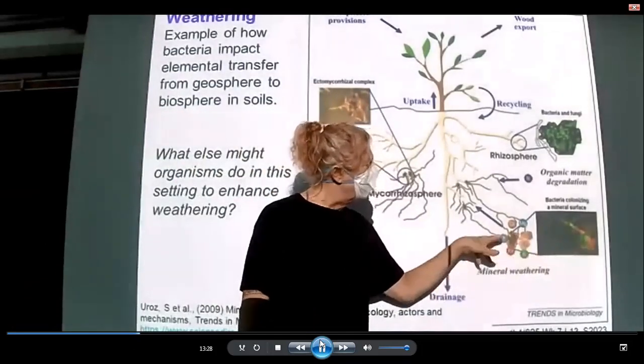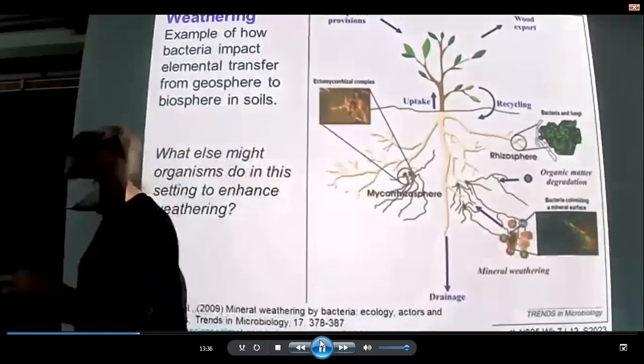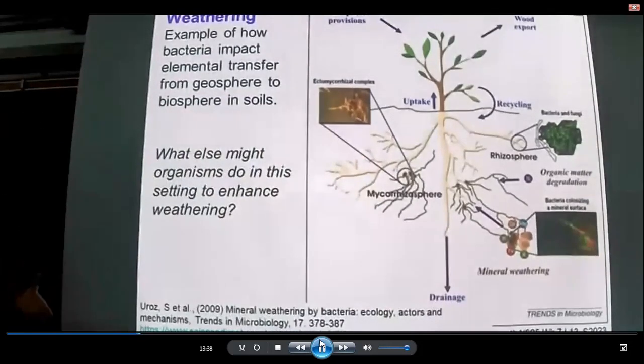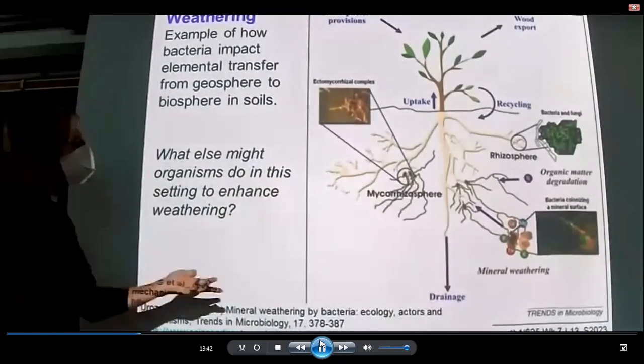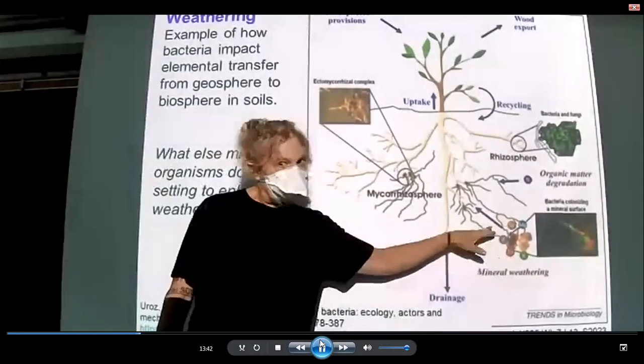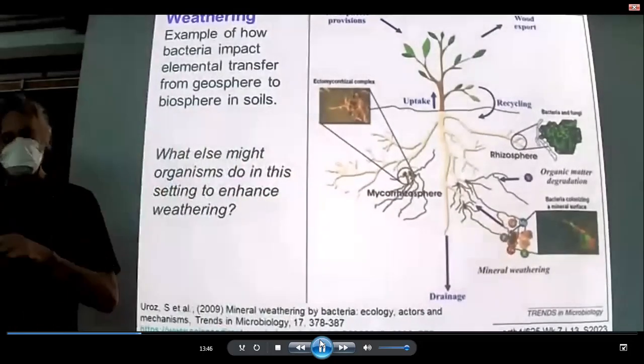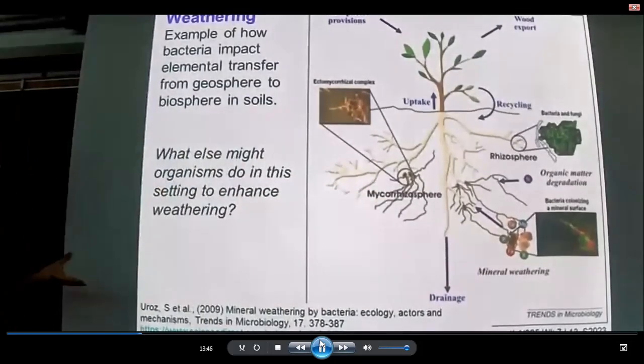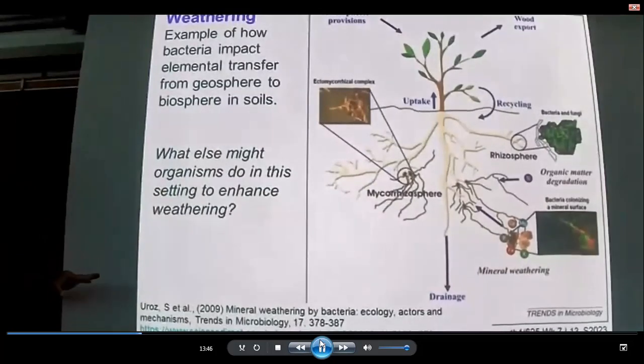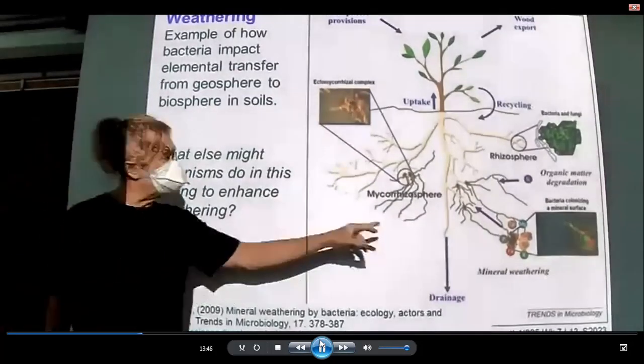One of them involves organisms producing organic acids, which attach onto solid primary mineral surfaces and cause them to break down and allow for the release of metals into solution in the form of primarily cations, as you can see there.